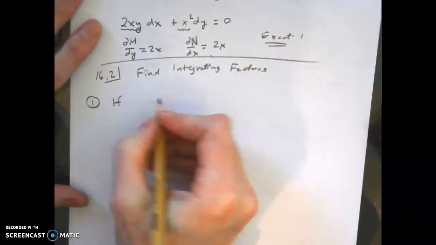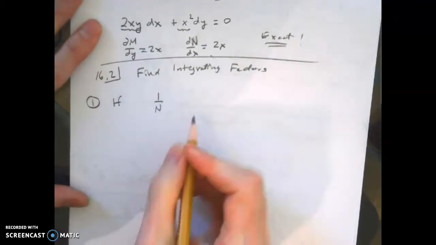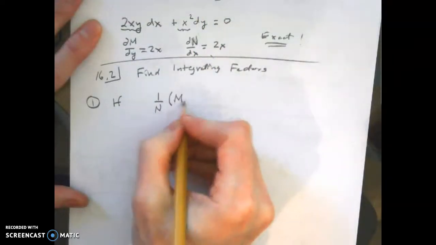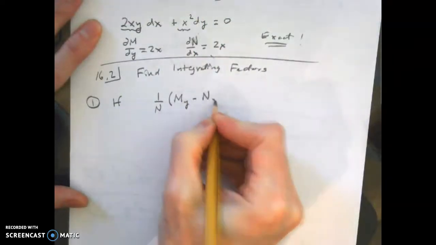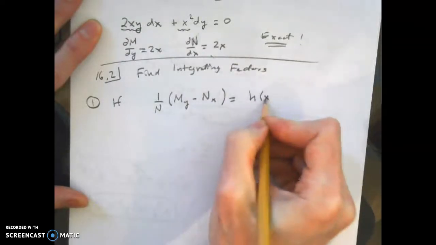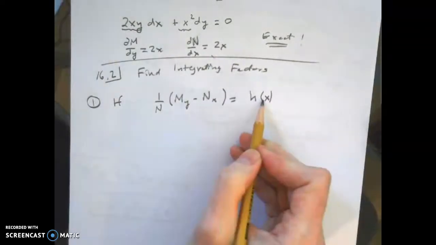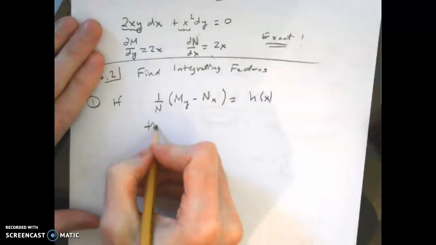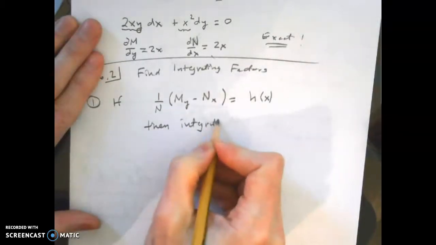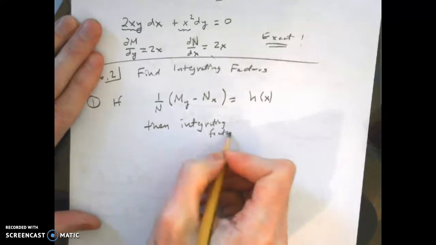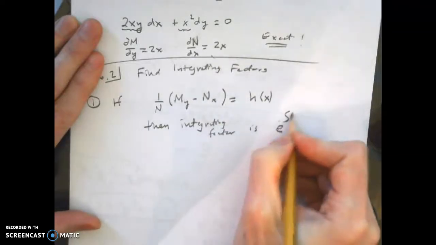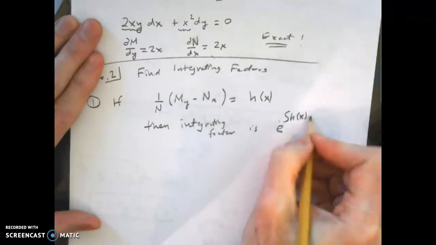So if 1 over n, remember the n is this thing, times your y partial of m minus your x partial of n equals some function that only has x's in it, could just be constant, but only x's, no y's, then your integrating factor is e to the integral of h of x dx.